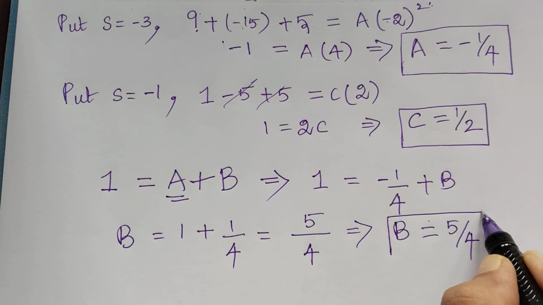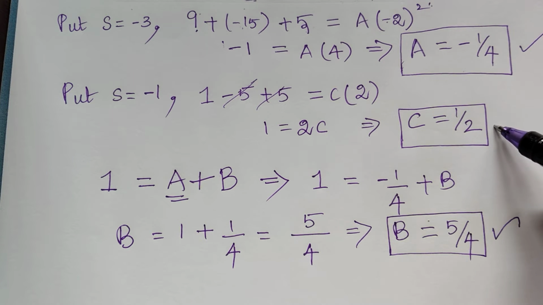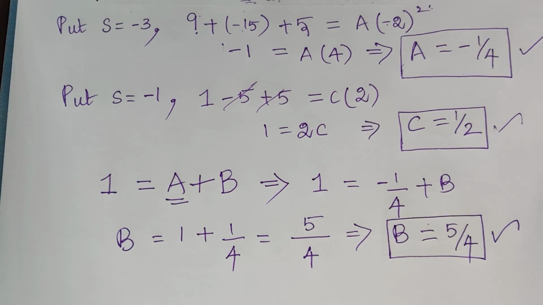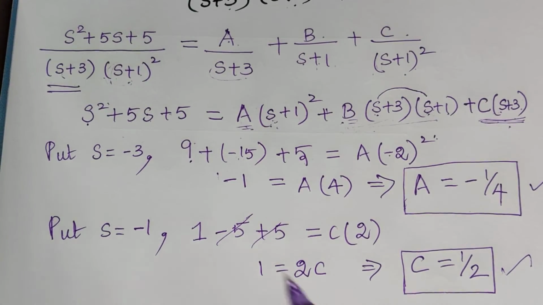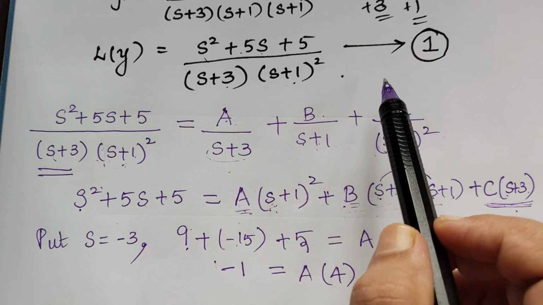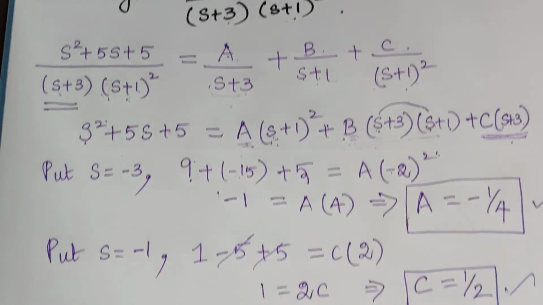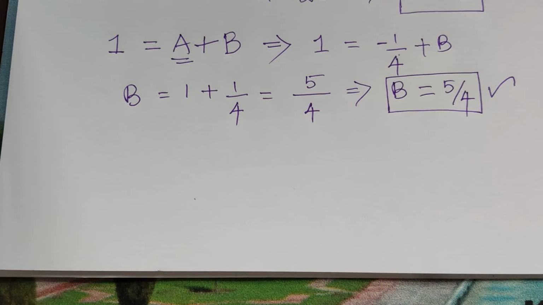So we have obtained the value of a, the value of b, and the value of c, and so therefore we can substitute it over here. So when we substitute, we get the right hand side of equation 1. So therefore L of y will be equal to, let me write that now.